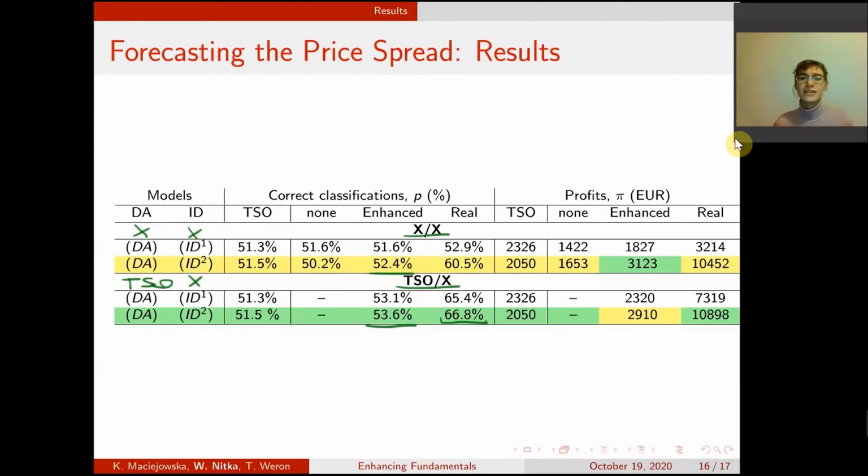However, we can notice that the profits do not necessarily follow the classification power. It is true when we take the real values, so perfect predictions of the fundamentals.